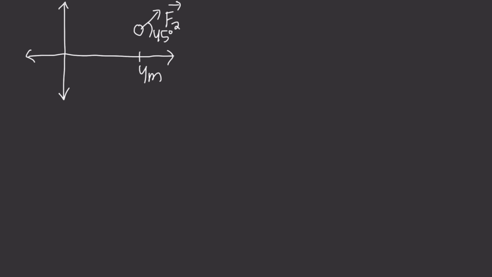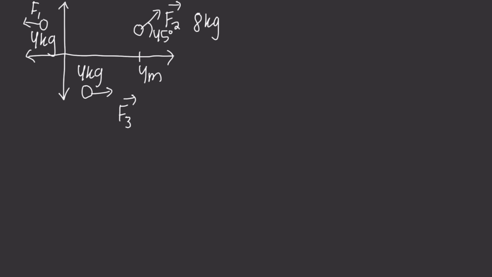And then we have another particle over here going F1. This is 4 kilograms, and this particle is 8 kilograms. Then we have a final particle over here, and this is also 4 kilograms, and it is going this way.